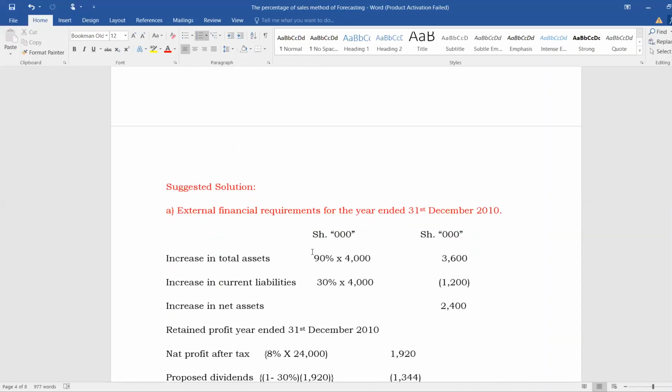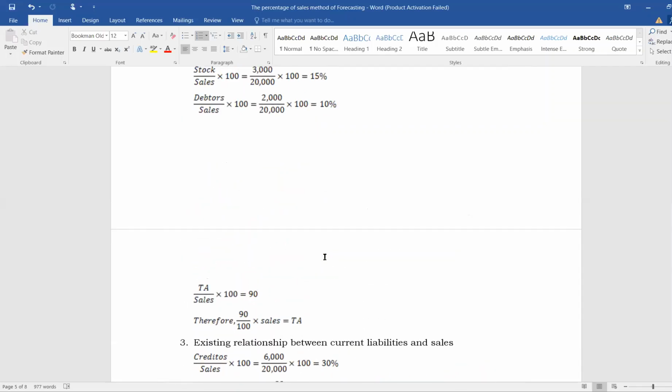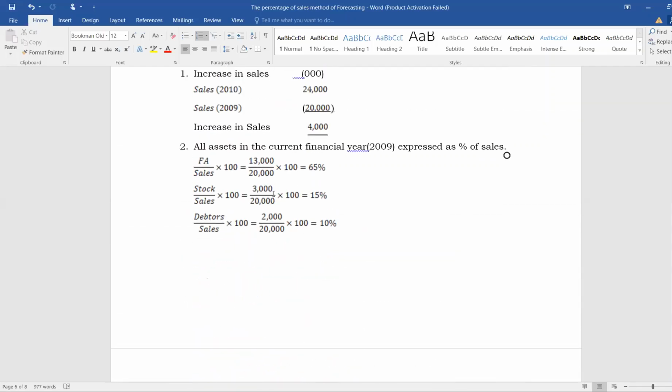The fixed assets, how much was that? In the question, is it 13 million? Yes. So how much are the sales for the year 2009? 20 million. Divided by 20 million times 100. That is 65. Please confirm for me these figures. Yes. Fixed assets over sales times 100. That is 65%.